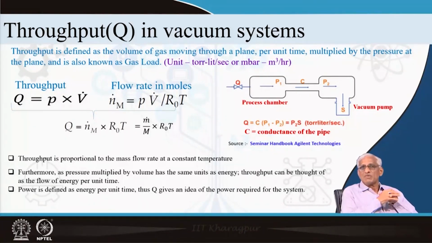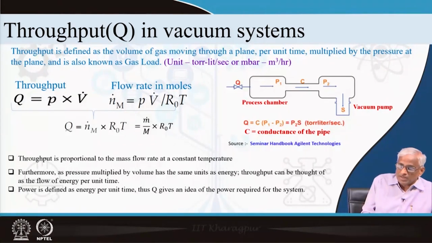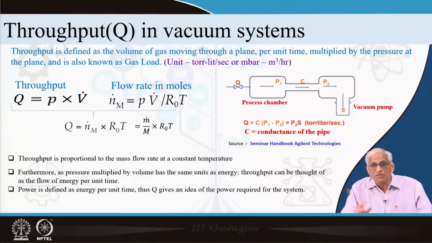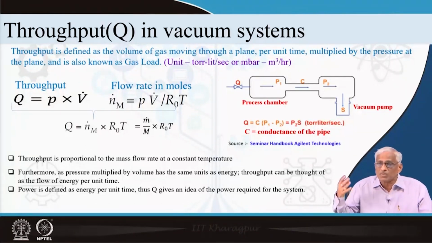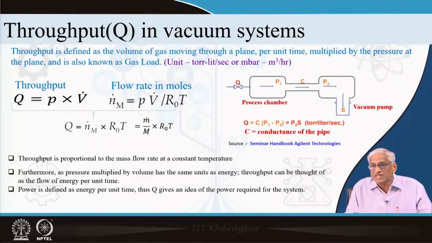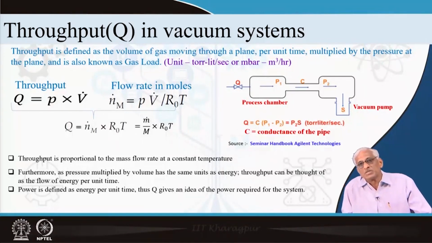So, that makes sense. We will discuss in detail a little later conductance, which is a function of the geometry of the pipe, etc. I wanted to bring it here because when you discuss throughput, you should also discuss its relation to conductance. But conductance calculations in molecular flow and viscous flow are a big topic by themselves. We have separately fixed a session for it, because that comes just before vacuum system design.